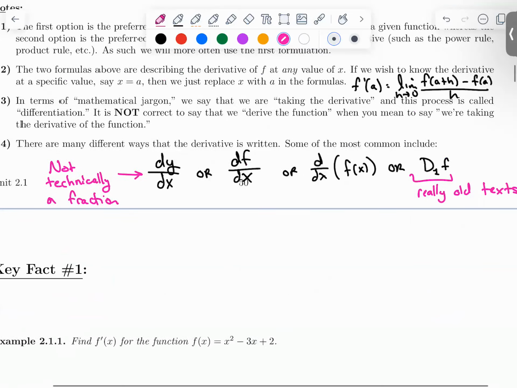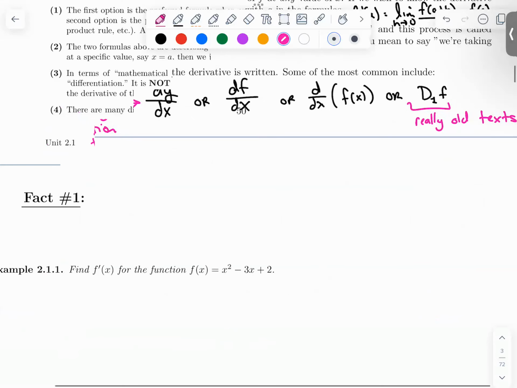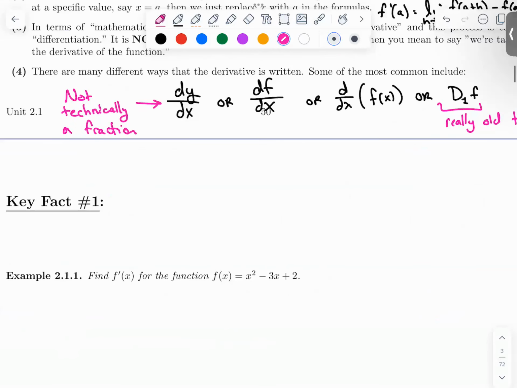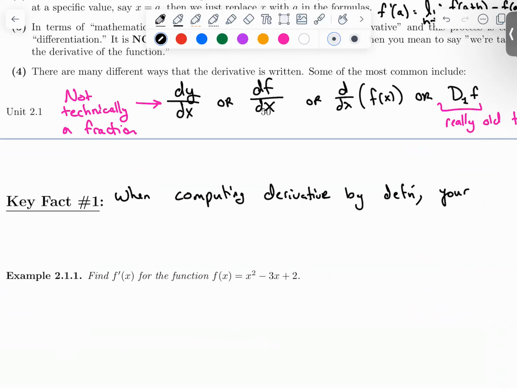But anyways, so when we're computing the derivative, this is the key fact number one. When computing the derivative by the definition, you're not done simplifying.